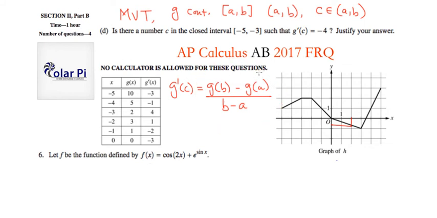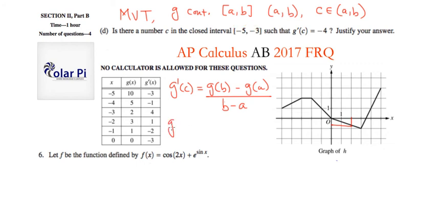And so all we have left to do is see if this thing here is going to give us a negative 4, because otherwise the function g we're given fulfills the hypothesis of the mean value theorem, so it's guaranteed such a c. But this has got to be negative 4. And of course, a and b are negative 5 and negative 3 respectively.